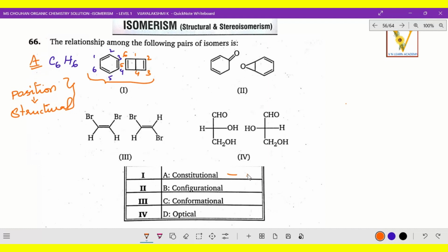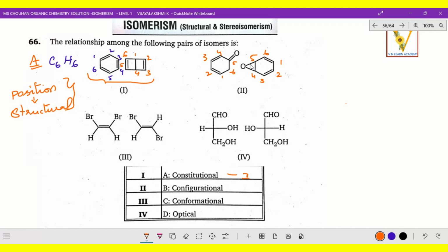The first one is A. The second one has 6 carbons, 1, 2, 3, 4, 5 and 6, and here also 6 carbons, with an oxygen attached. This is an epoxide, but this one has a double-bonded O. It has the same molecular formula, C6H6O, but the functional group varies.